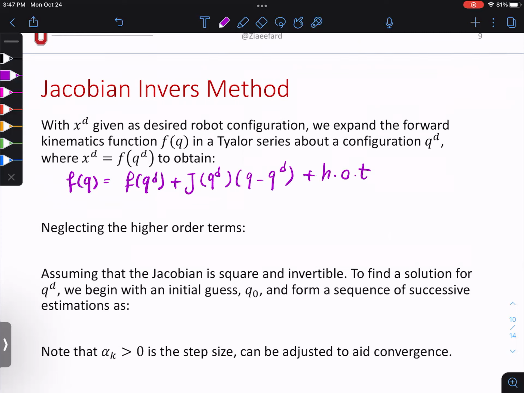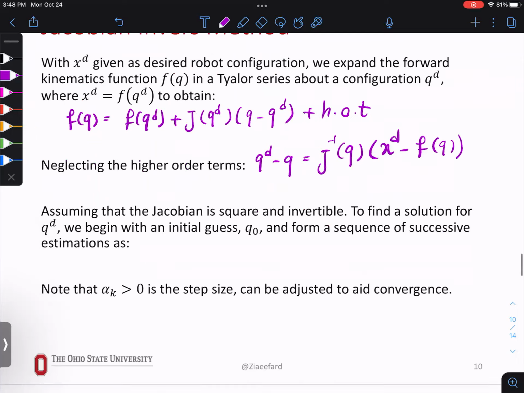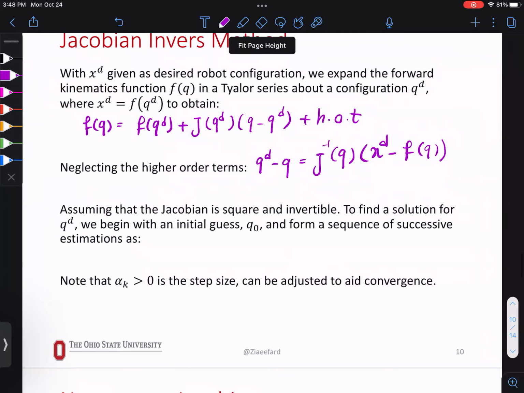Then we can get rid of this part and we can say that q desired minus q, and because there's a negative in there, J inverse of q times x desired minus f of q. I'm not wrong, yeah. Now, to solve that, we are going to use indexing and look at the previous solution and solve for the next one. So solve it for the first step, then solve it for the next step, and the step after.